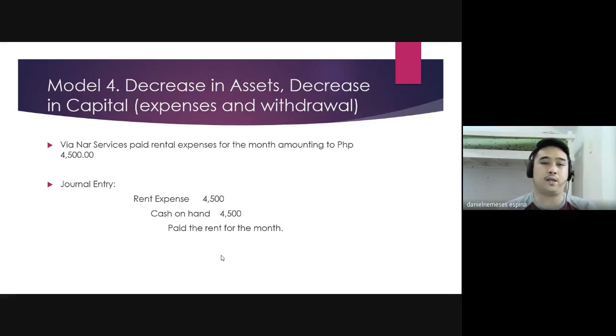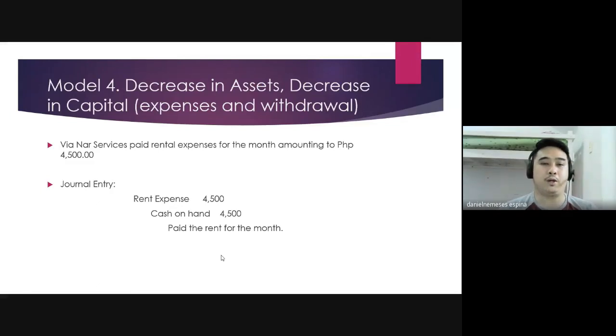So decrease in assets. So every time magbayad ka, every time naay expenses, of course it involves a decrease in asset. So particularly, mokunhod ang cash kay magbayad man. Okay? So there's a cash payment.